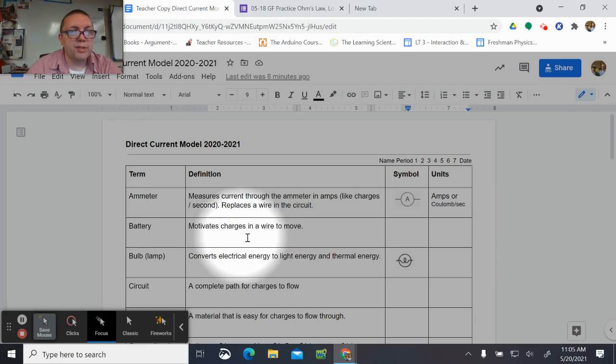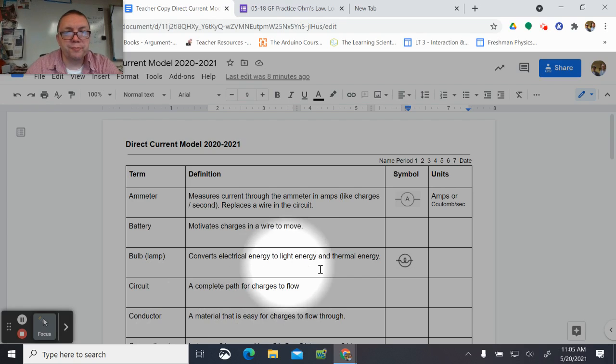We've talked about batteries that motivate the charges that are present to move. Bulbs convert the electrical energy to light energy, possibly light and thermal energy. Usually, if it's a filament type bulb, usually thermal and light. A circuit is just a path for charges to follow. A conductor is a material that charges flow through rather easily.